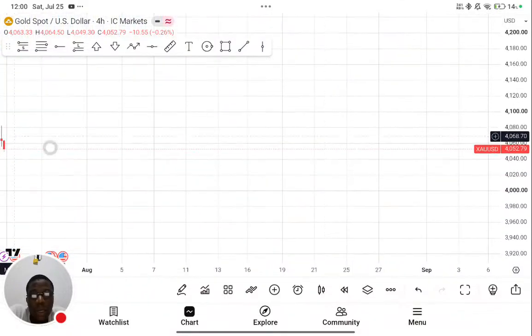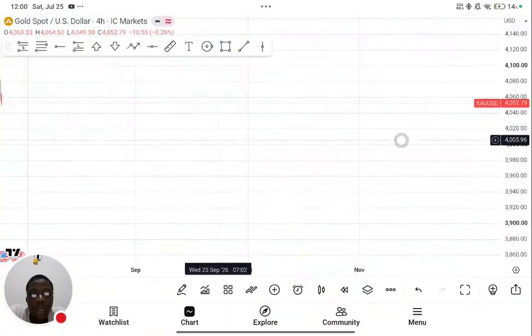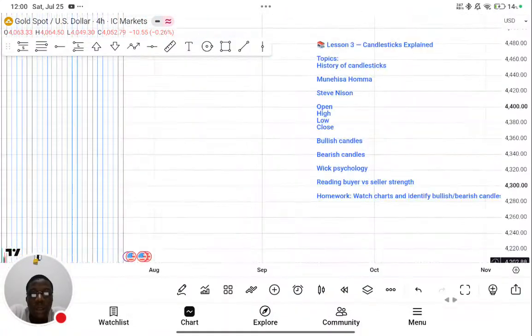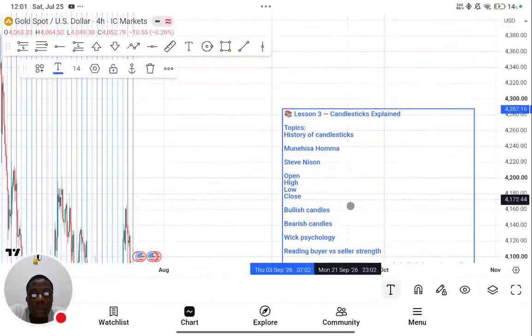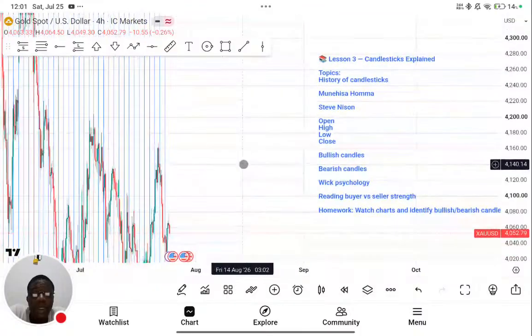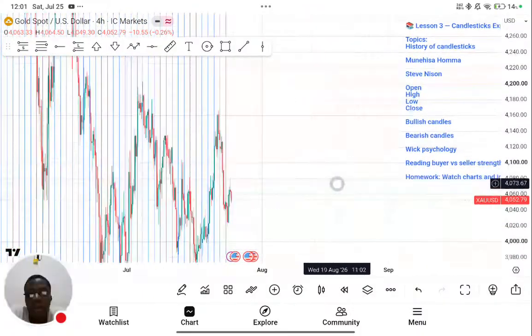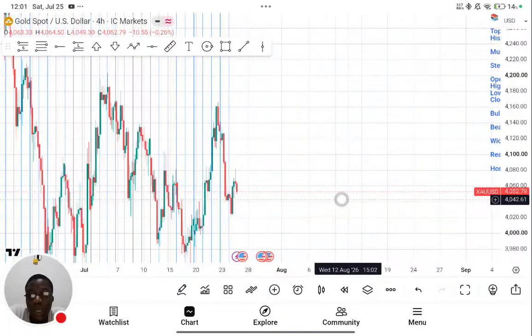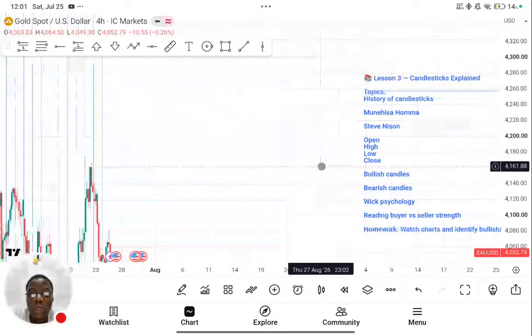So now that you have an idea of what a candlestick is, how did candlestick come about is the next question you'll be asking. The candlestick came about in the 18th century by this guy Munehisa Homma. Who is Munehisa Homma?